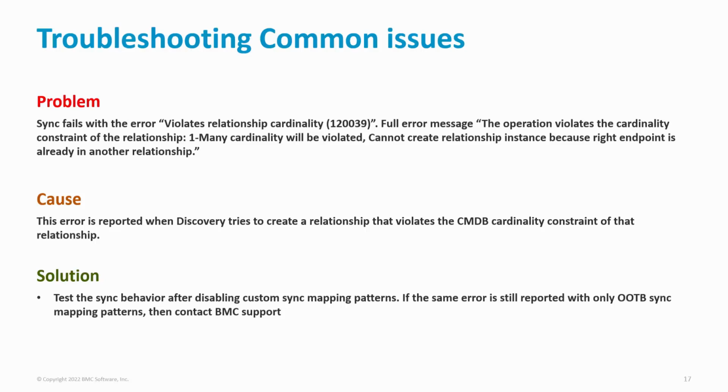As we know, at a time, one VMware virtual machine should only be connected to one ESX. But if we try to create a relationship from the virtual machine to multiple ESX, then this type of error will be reported. If this issue is happening on an appliance where you have custom sync mapping patterns, then you can disable those patterns and check the sync behavior. If the same issue is still reported even with just the out-of-the-box patterns, then the recommendation is that you contact the BMC Discovery support team for further analysis.